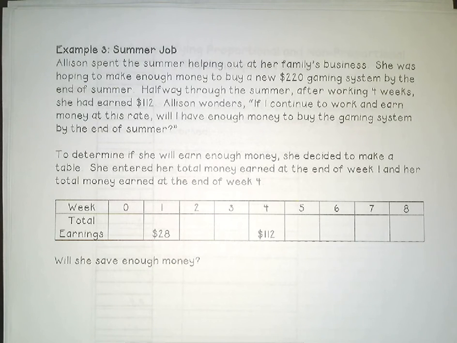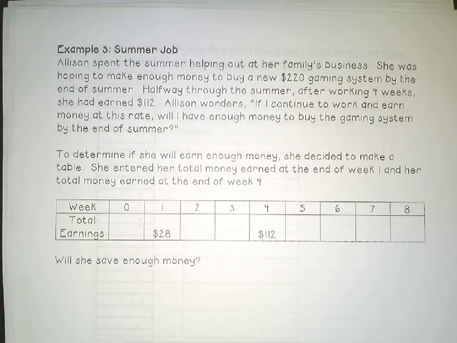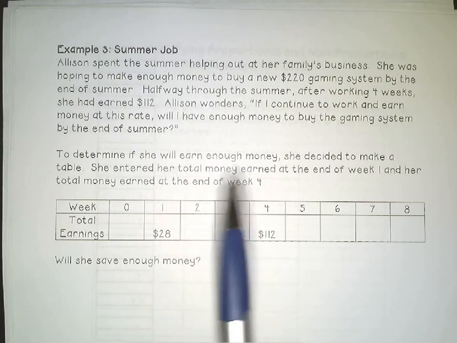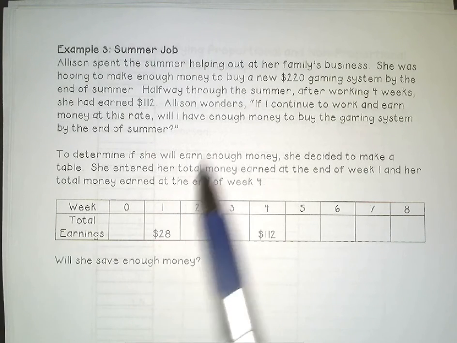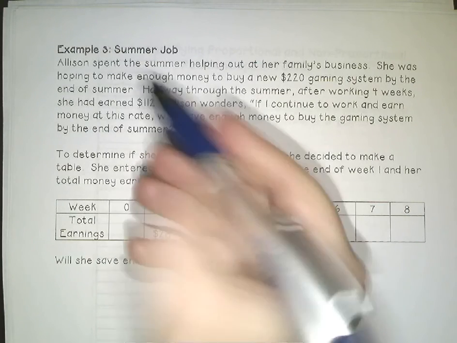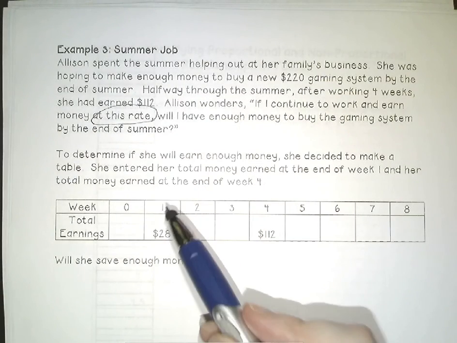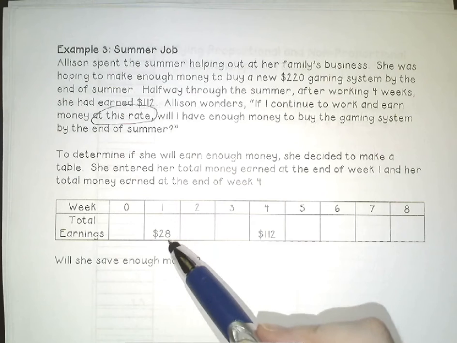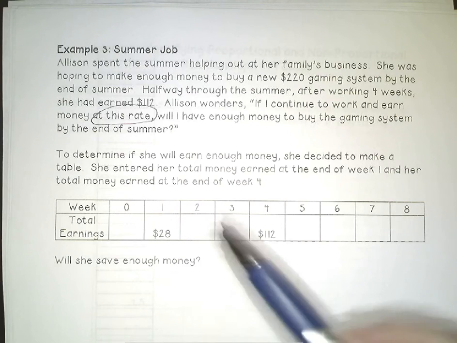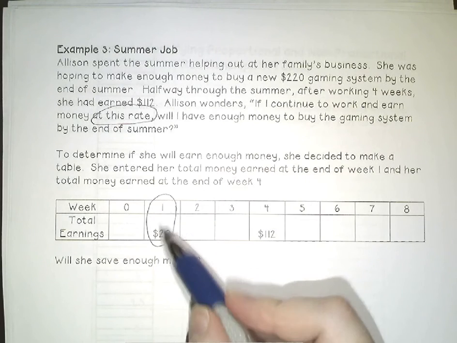Okay, so one important thing that you can see from this table is that her rate is going to be the same, right? So when she said, if I continue to work and earn money at this rate, the rate is going to be exactly the same. So for each week, she's making $28, right? That is your unit rate right here, $28 per week.